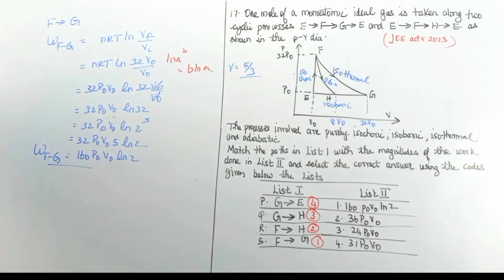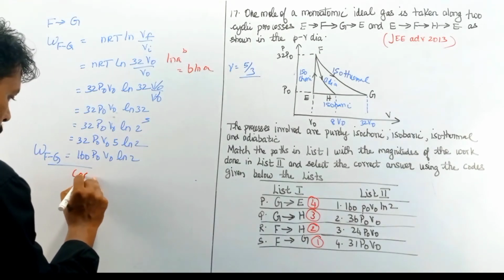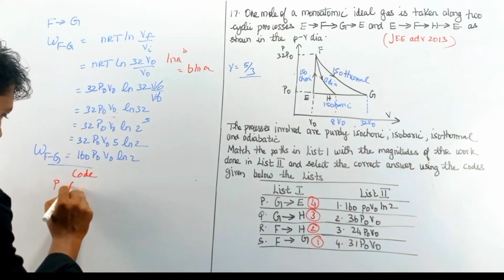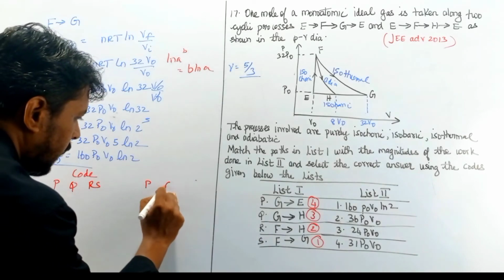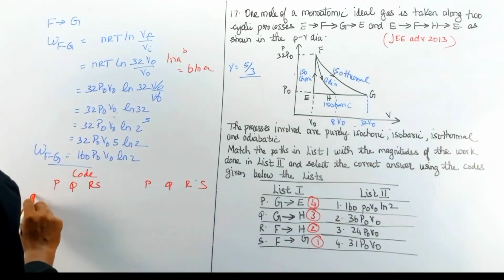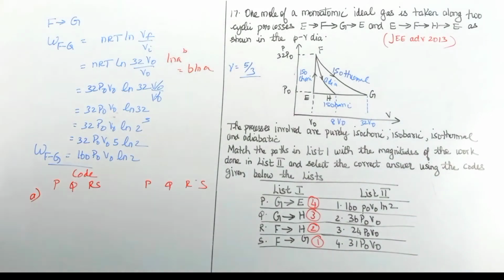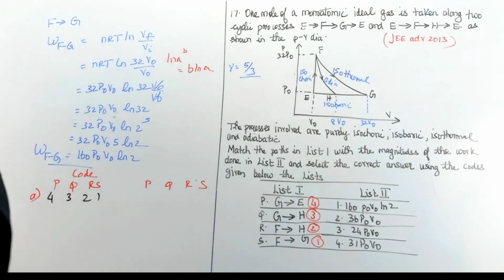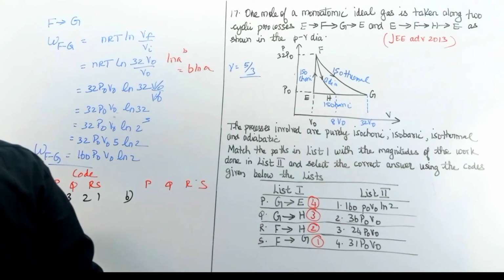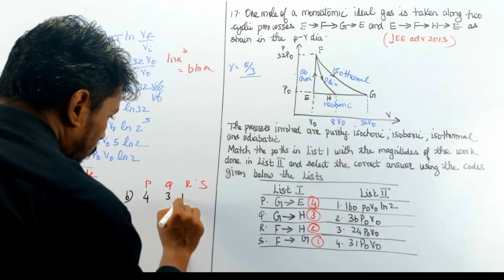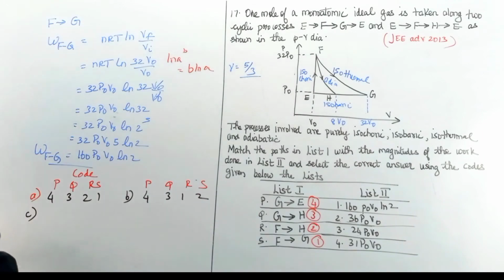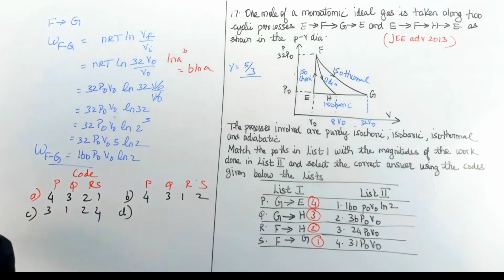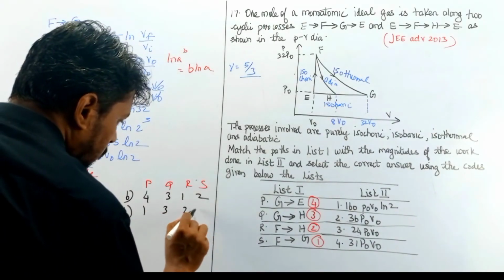The final codes. See, we have the code. Options. Here we have P, Q, R, S, and the options are: A, options are 4, 3, 2, 1; B is options 4, 3, 1, 2; C is options 3, 1, 2, 4; and D the options are 1, 3, 2, 4.